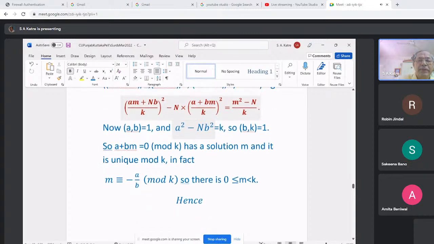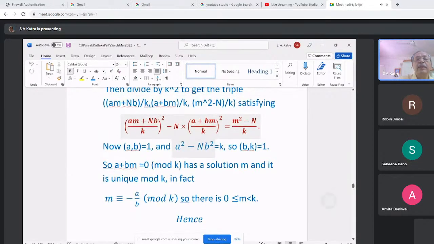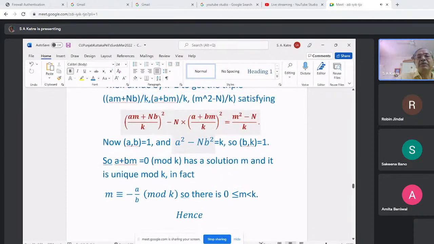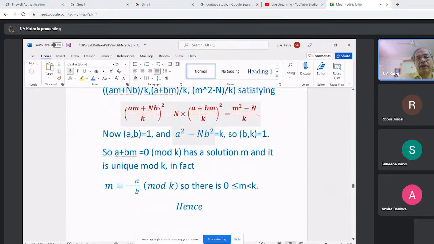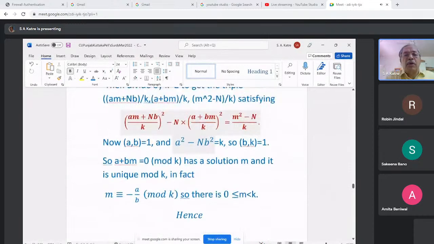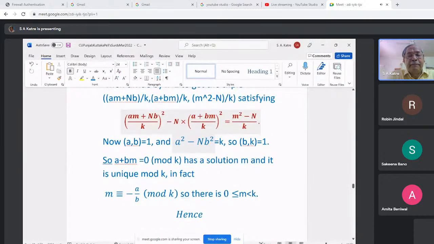We have got a solution here in integers for this Pell type equation. Now actually the right hand side may not be 1. If it is 1, it is a great thing, you are through. So it is a Pell type equation and we have got an integral solution. Okay, now what you do, you minimize this m square minus n by k. That means there are many values of m.